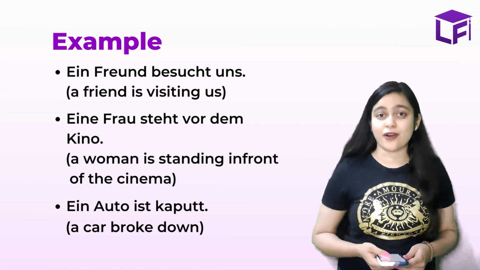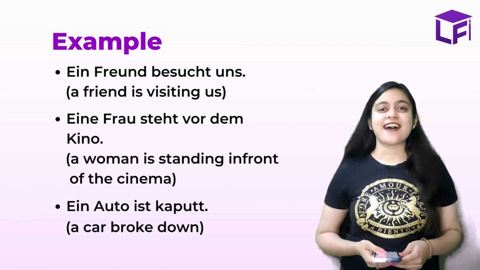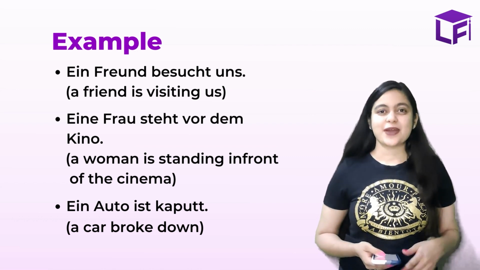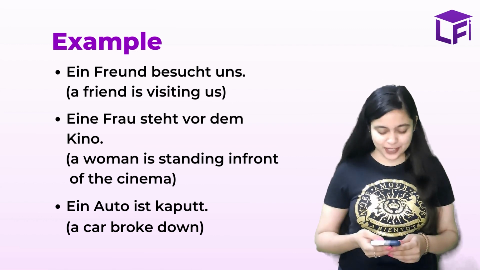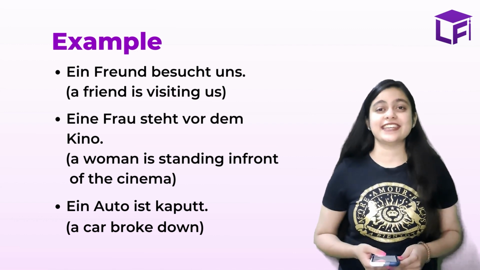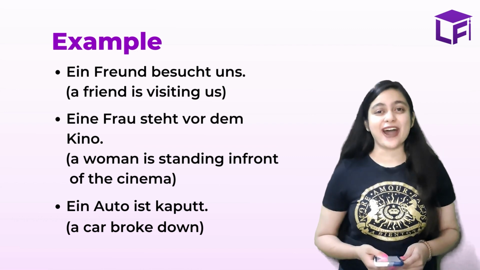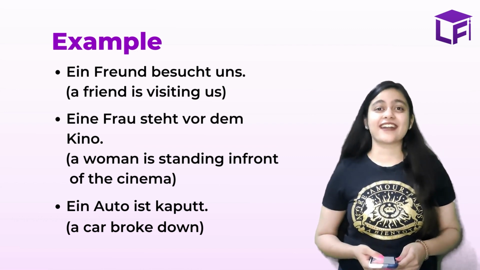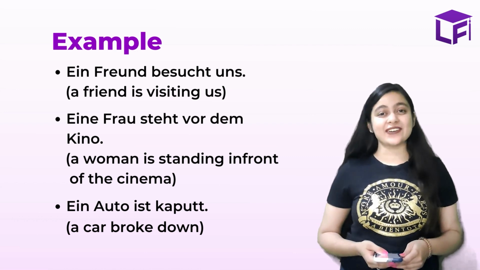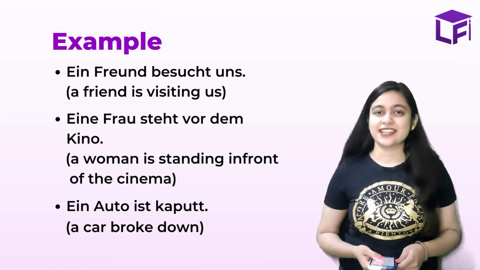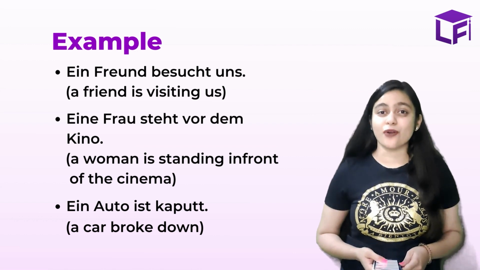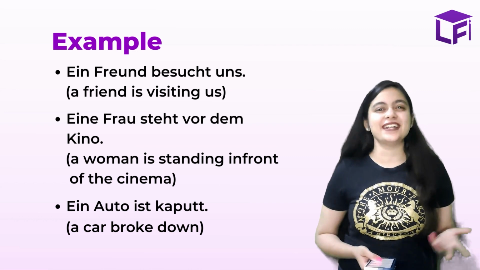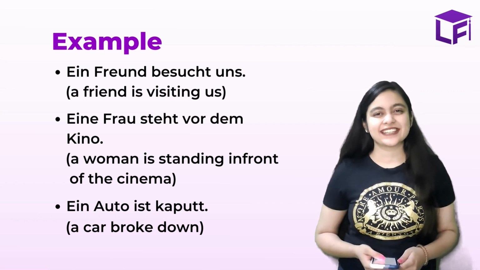So, eine Frau here becomes our nominative case. Okay? Moving ahead to the next example. Ein Auto ist kaputt, which means a car has broken down. So, ein Auto becomes our nominative in this sense.